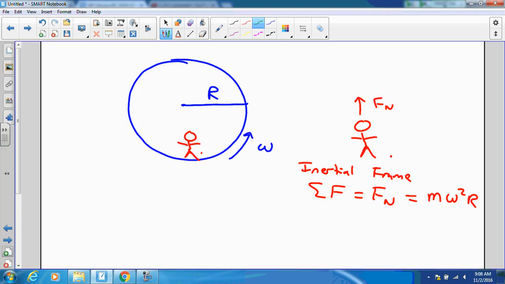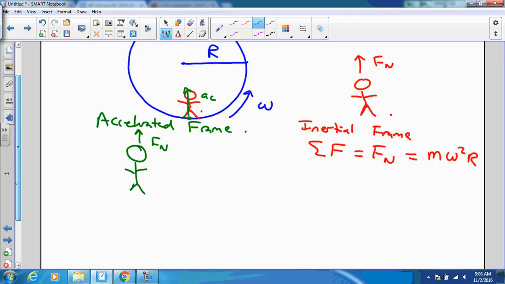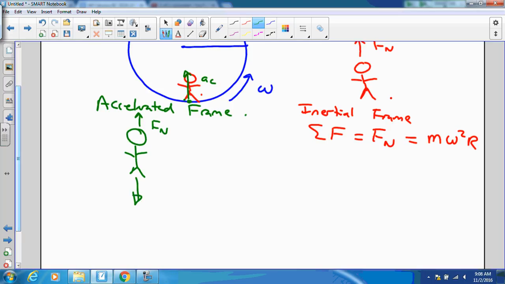Okay, that's fine. But if we analyze it in the accelerated frame, we get additional insight. If we look in the accelerated frame, the man has Fn because of contact with the floor, and the acceleration of the reference frame, namely the circle that he's traveling in, is in this direction, ac.